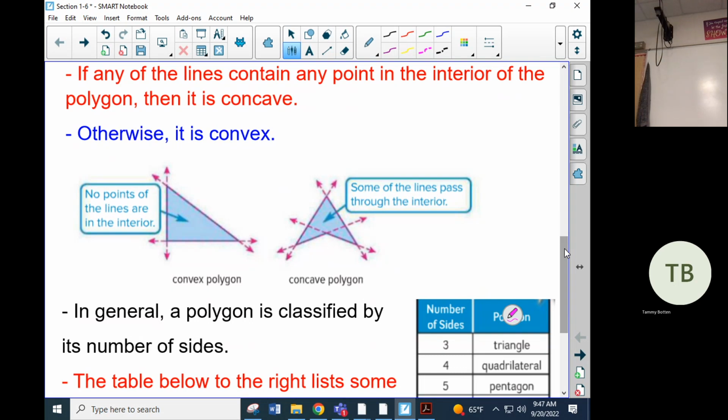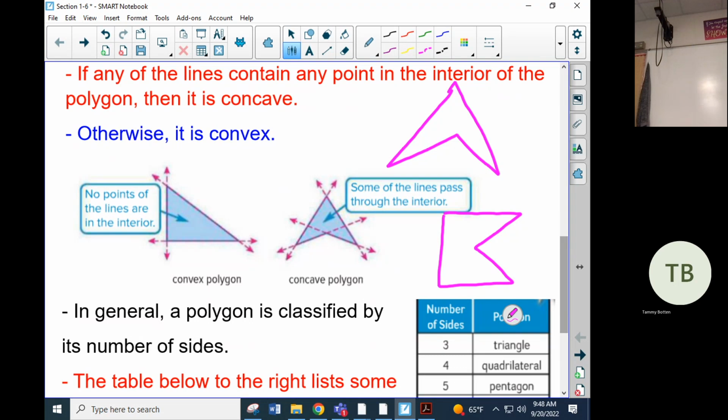That means it's concave. Now, another way to think of this would be, do you guys get that this kind of caves in? Like if it was a normal triangle, but now it's kind of caving in. If something is kind of caving in one of the sides or multiple sides, then it's concave. I'll show you another example. You guys think this one's caving in?